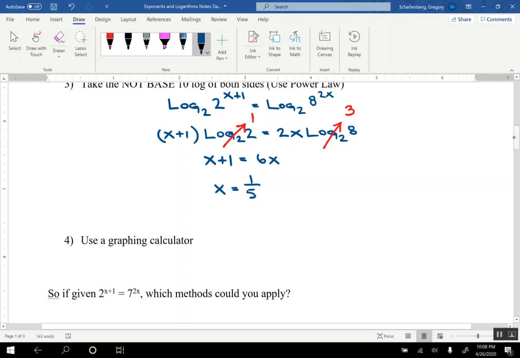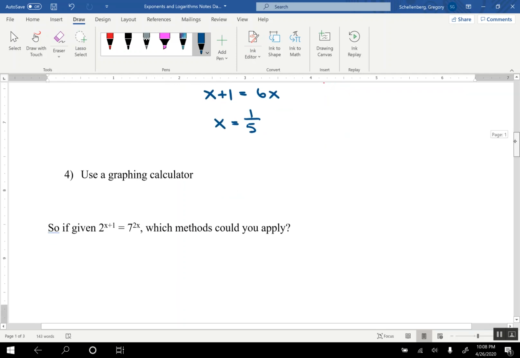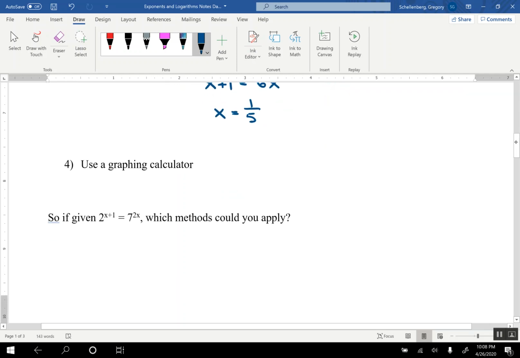And the last one, we won't actually do this, but it is possible. If you've still got Desmos downloaded to your phone, or you happen to have a graphing calculator handy, just plug in the equation. With Desmos, either side of the equation you will plug in individually. So y is equal to 2 to the power of x plus 1. That's going to be one equation.